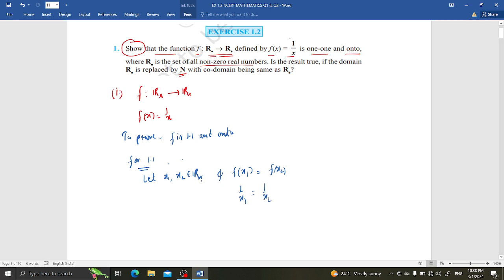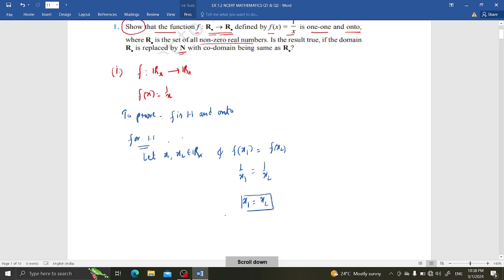As x1 and x2 belong to R star, both are non-zero real numbers, so from here x1 equals x2 by cross multiplication. This implies that f is 1-1 from R star to R star. The function is 1-1.